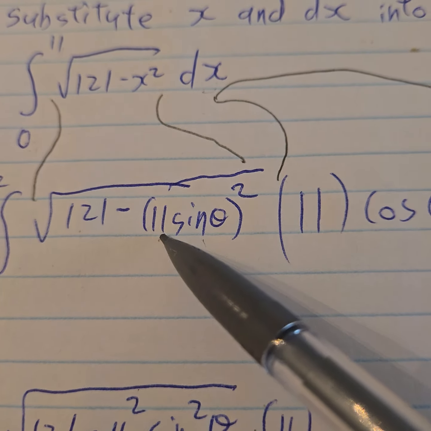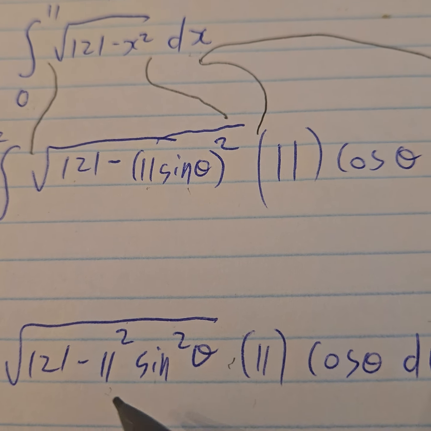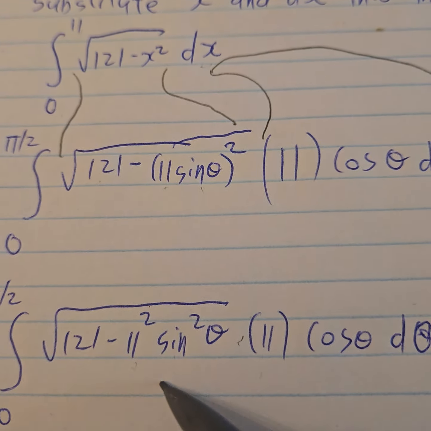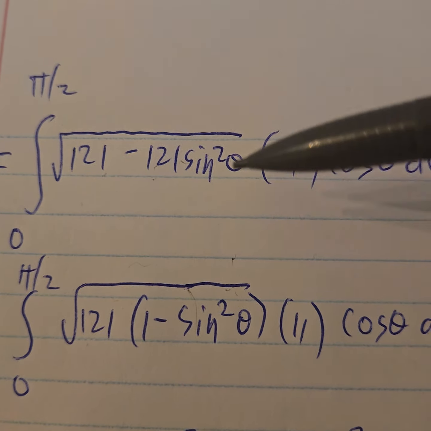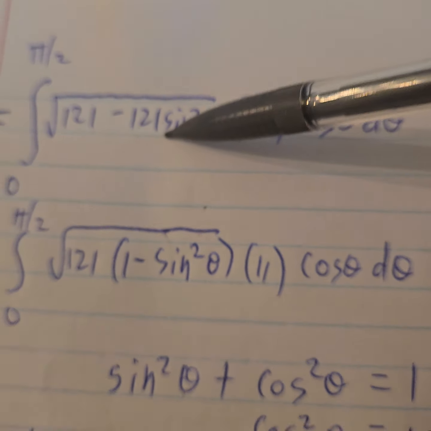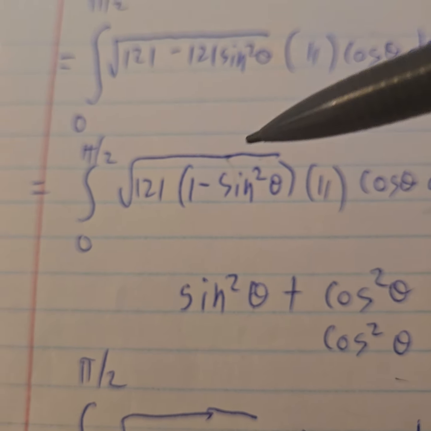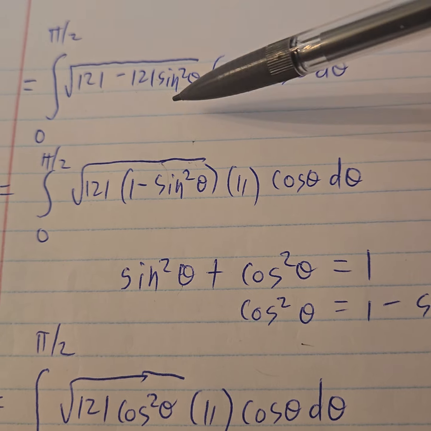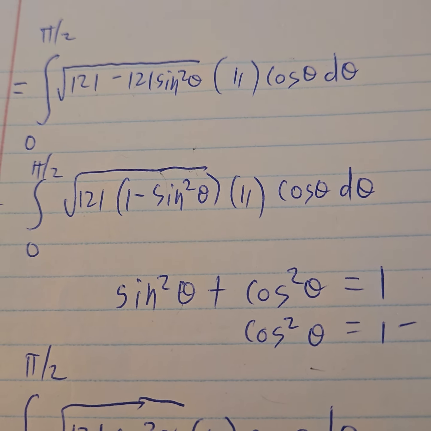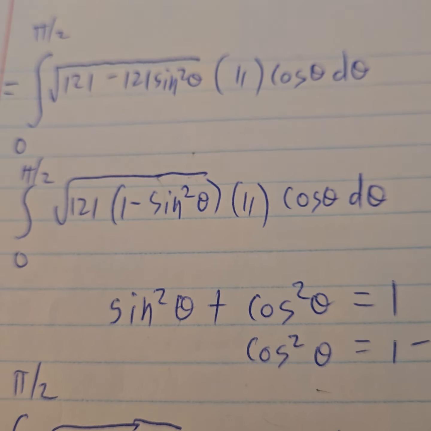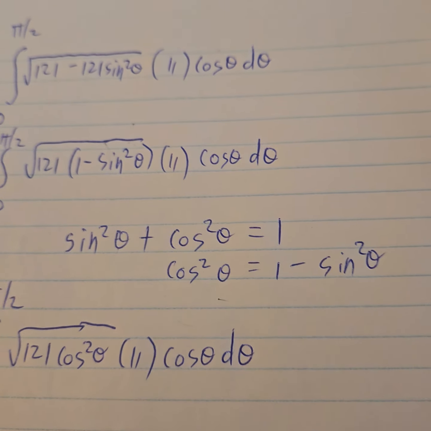Instead of saying 11 sin theta all squared, I'm going to write 11 squared sin squared theta. And next, the only change I made from the previous line is that 11 squared was replaced with 121. Now, I'm taking that 121 out as a common factor, and we're left with 1 minus sin squared theta.